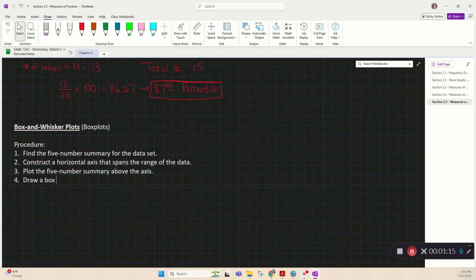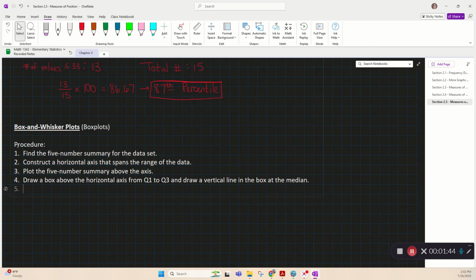Then we draw a box above the horizontal axis from the first quartile to the third quartile, and draw a vertical line in the box at the median.